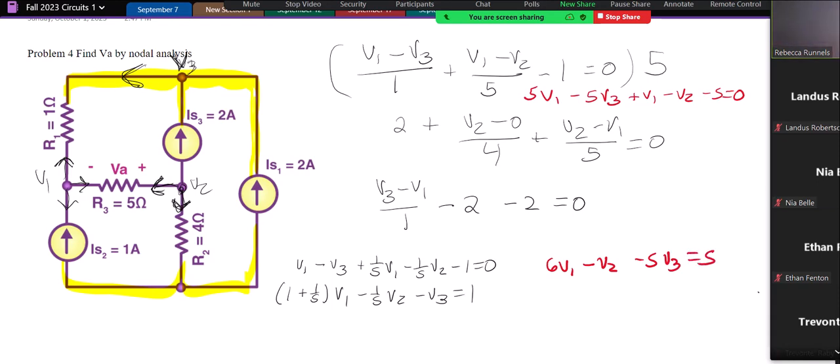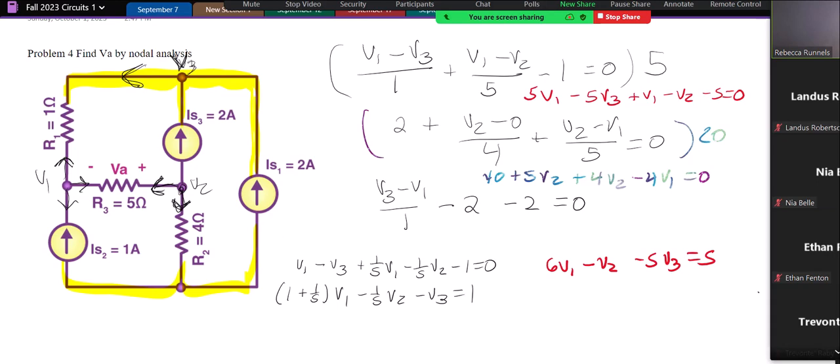Okay, now on the second equation, I'll multiply this one through by 20. And that will give me 40 plus 5v2 plus 4v2 minus 4v1 equals 0.